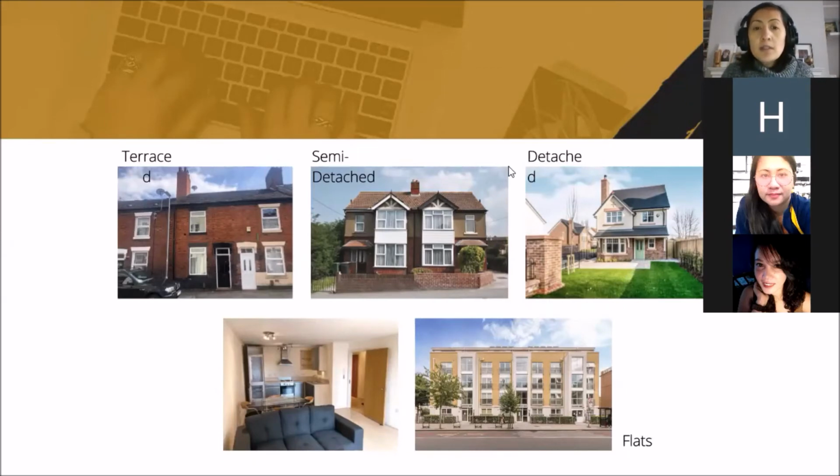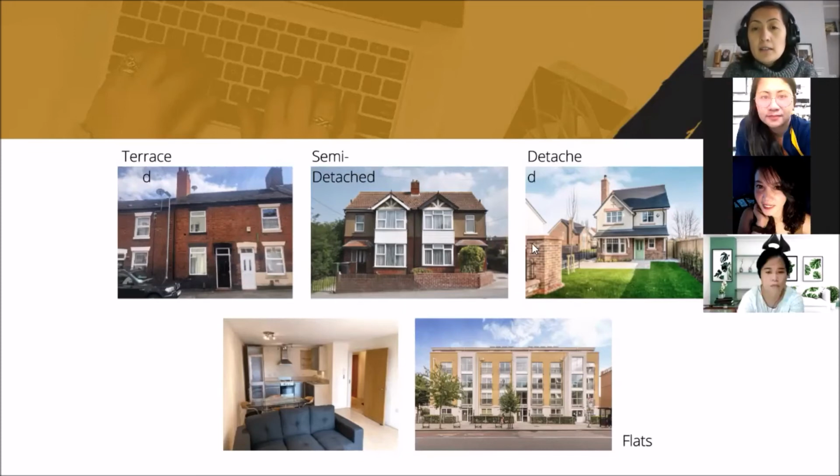So that's why it's called a semi-detached, because one bit is detached, unlike a terrace wherein both sides are attached, but it's still got one wall that's shared as compared to a detached property wherein both sides are completely not attached to any other property on its side.